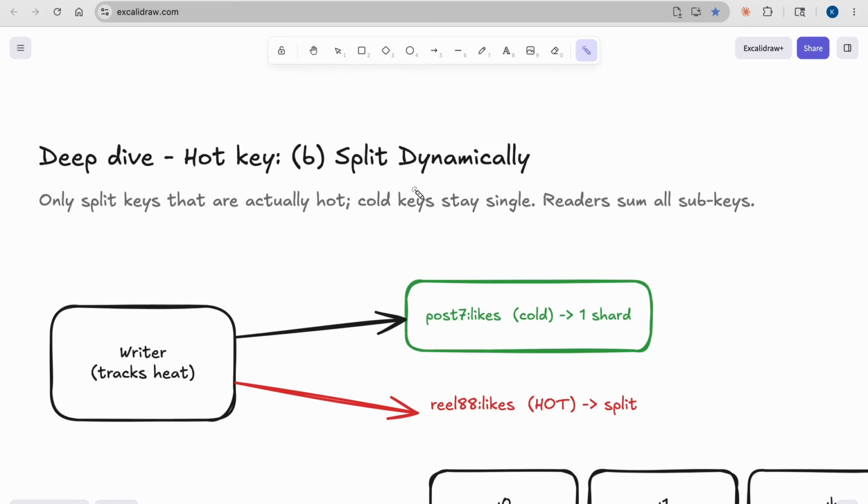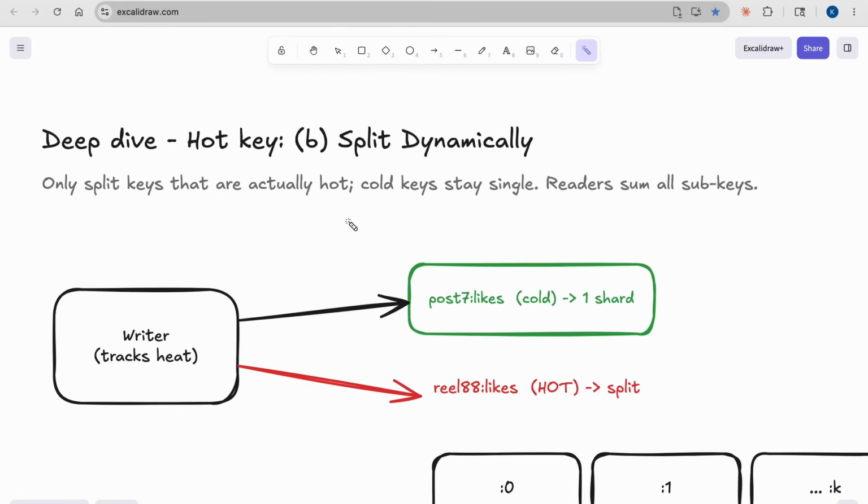But the other situation is that we can break this hot key into sub keys based on some pattern we are seeing. For example, for a viral tweet, we might split across, let's say, 100 sub keys, each handling 1k likes. When reading, we aggregate those counts from all sub keys.